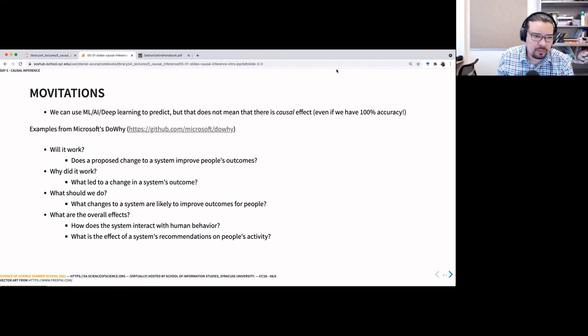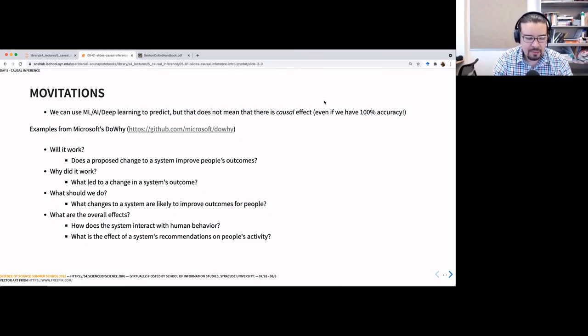So again, when we apply machine learning and AI, we usually worry about prediction. So if you read a paper in NeurIPS or ICML or any AI news headlines, it's all about how machine learning achieved superhuman accuracy.